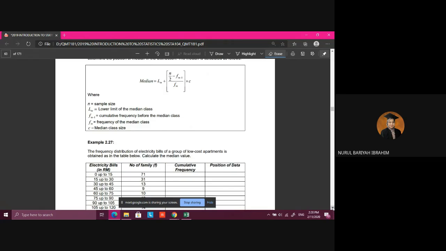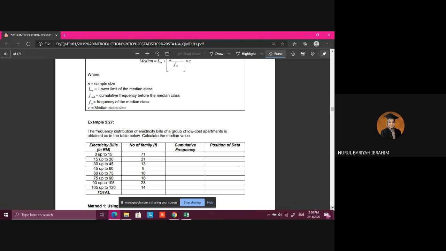Let's use the same example as before, electricity bills. In order to find the median, we need to know which class the median is in, and also the cumulative frequency. So we create the cumulative frequency first. The first one is 77, the next one is actually 71.